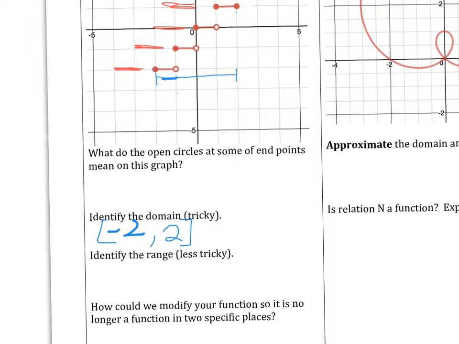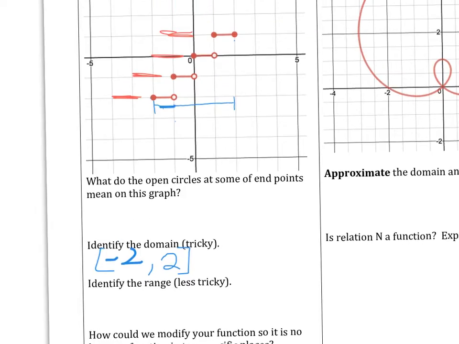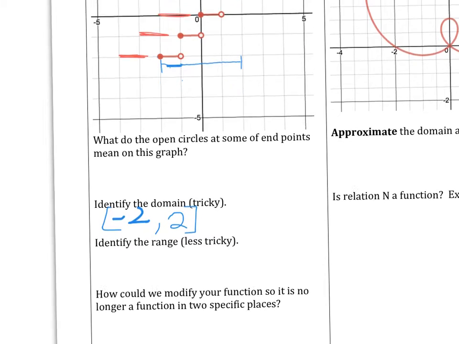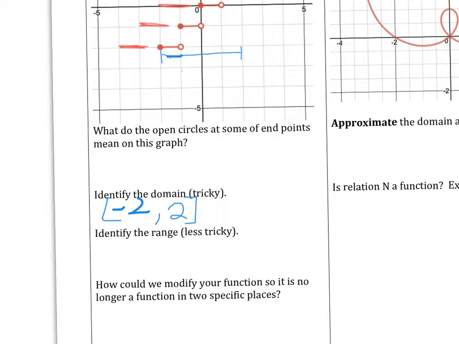And what we need to be aware of is that in terms of the range, because it's 4 specific values and nothing else, we have to list those values separately. So -2, that's my lowest one, then -1, and then 0, and then 1.